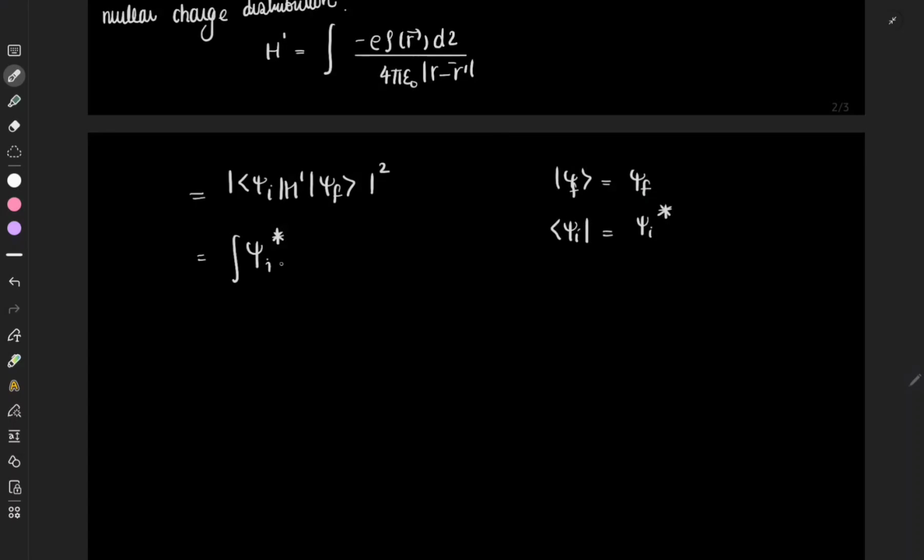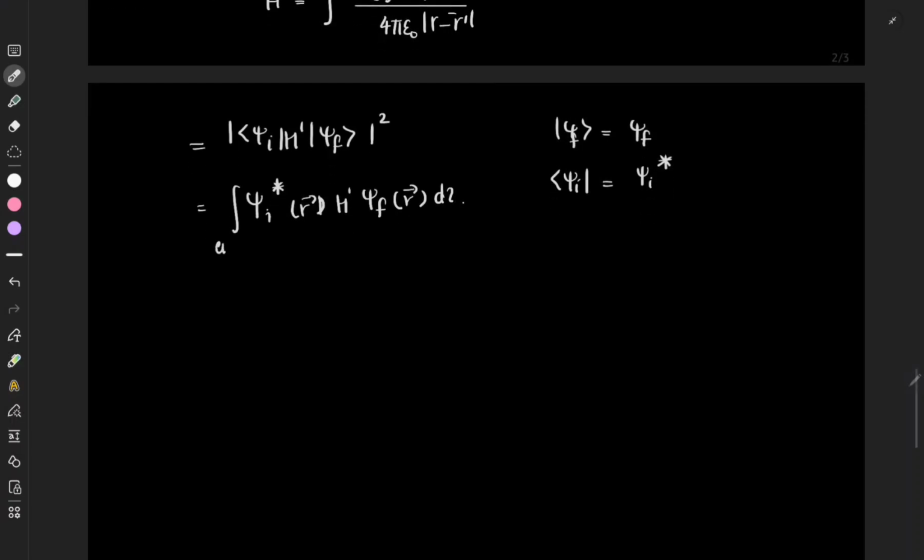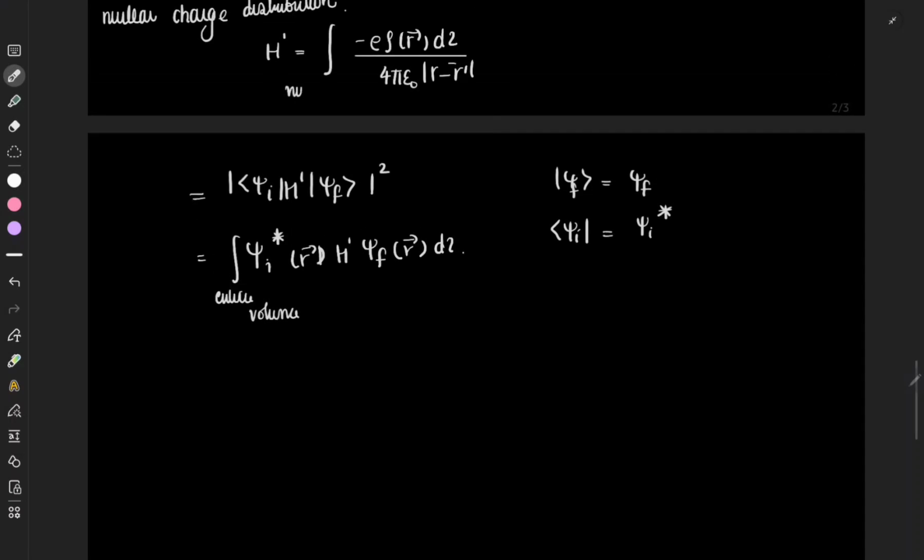So there is this integral, then there is this H prime, which is a function of r, don't forget, and then psi f. The integral is over the entire nucleus volume.